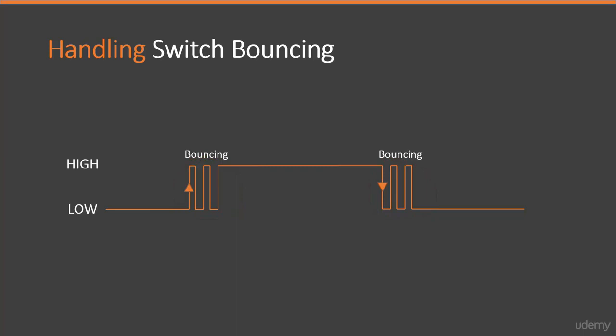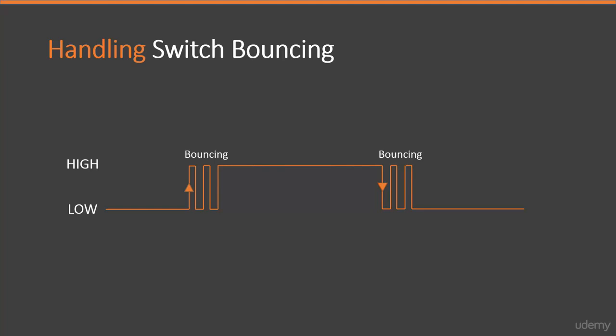The software solution for handling switch bouncing is a little bit tricky, but it's actually based on some simple logic. What we will do is hold the last button state in a new variable, and keep reading the current button value all the time.